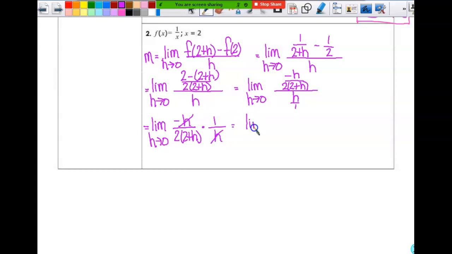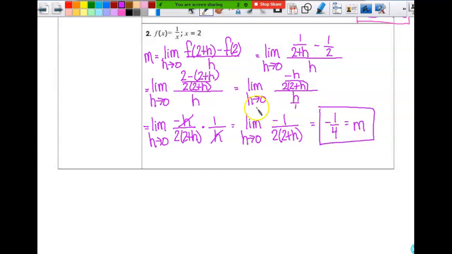And I get the limit as h approaches 0 of negative 1 over 2 times (2 plus h). Now that I have that simplified, I didn't need to multiply it out, so might as well leave it like that and evaluate. When I evaluate it, I substitute in this 0, so that gives me 2 times 2, and I get negative 1/4. And that is the slope.